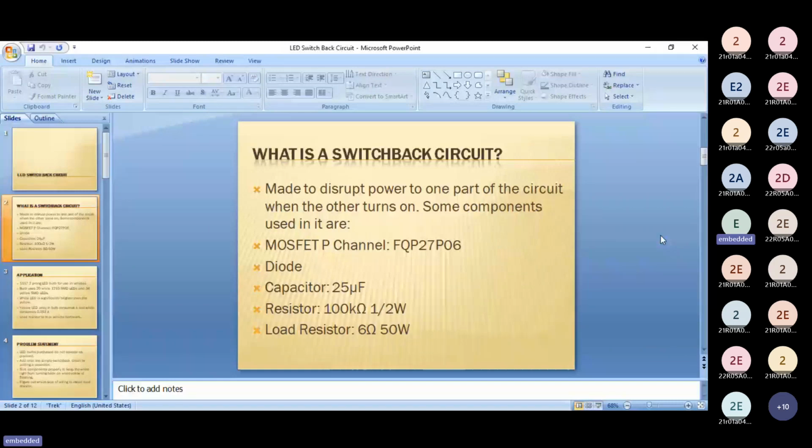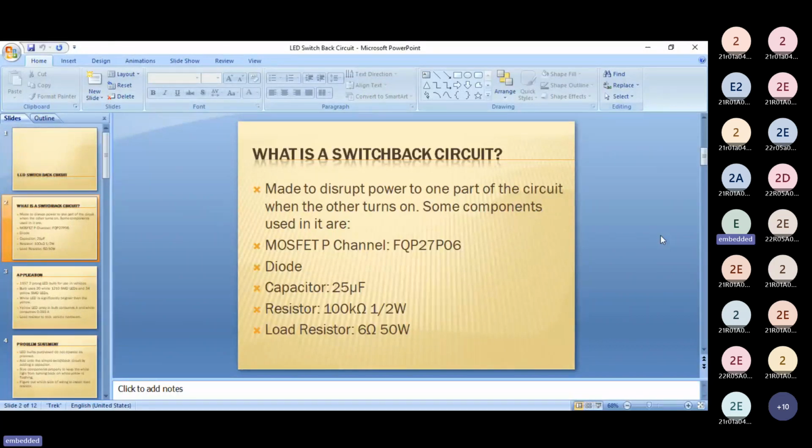Okay, this is what is meant by switchback circuit. So it is majorly made to disturb the power to one part of the circuit when the other turns on. Like for suppose the A part was turned on, so it disturbs the power on the A part.